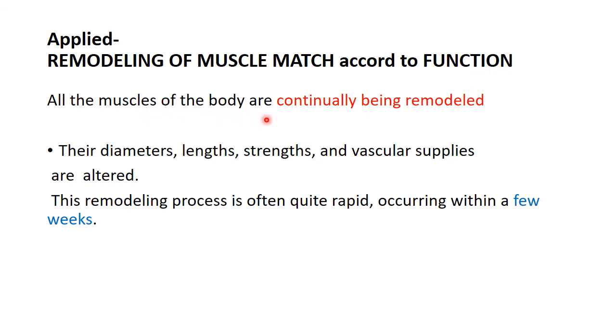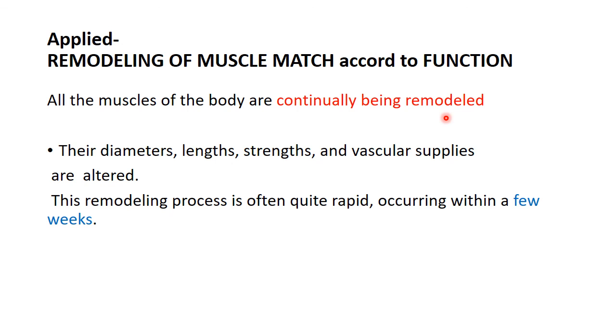And all the muscles of the body are continually being remodeled. This is important. You know very well that the biceps are more prominent in a porter because they have to lift the weight.